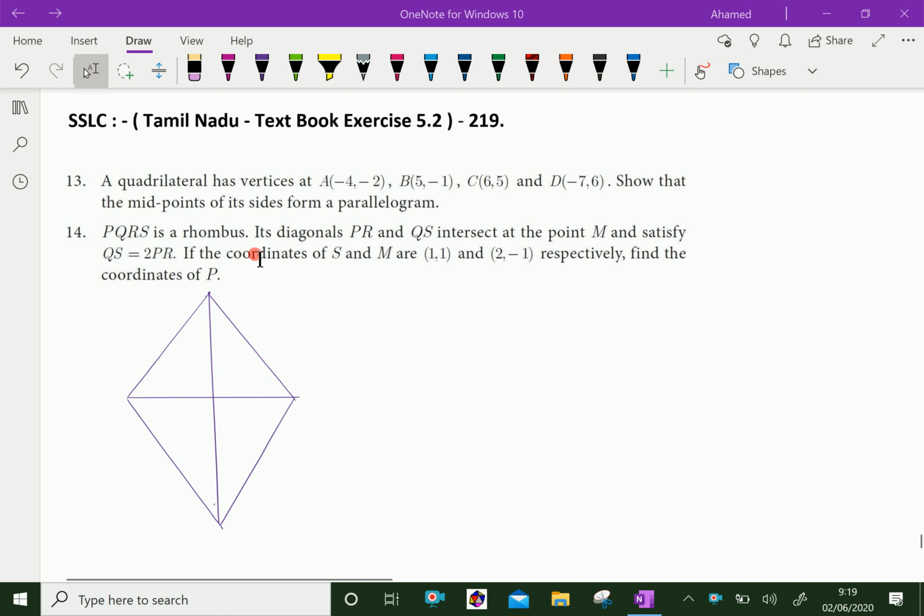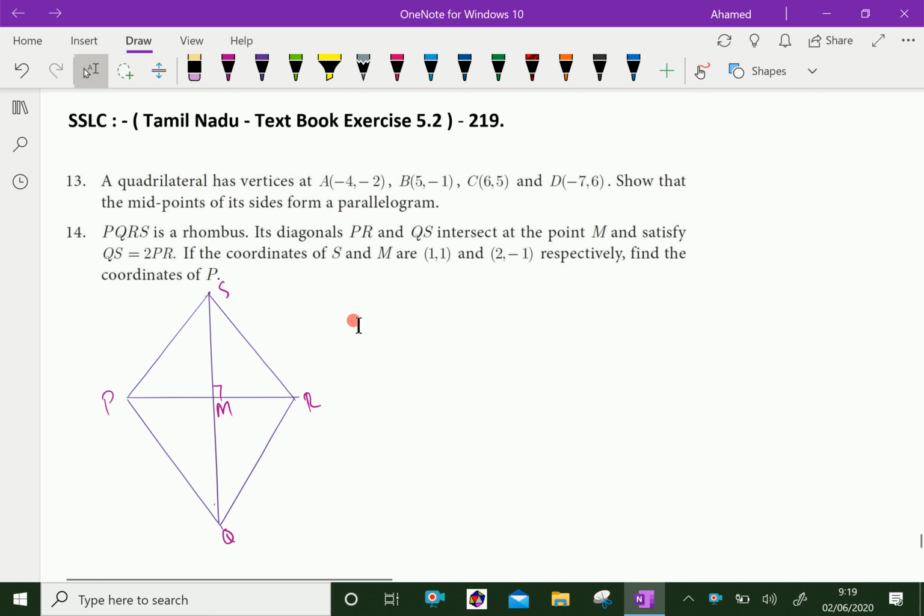PQRS is a rhombus, and PR and QS intersect at point M and satisfy QS equal to 2 PR.